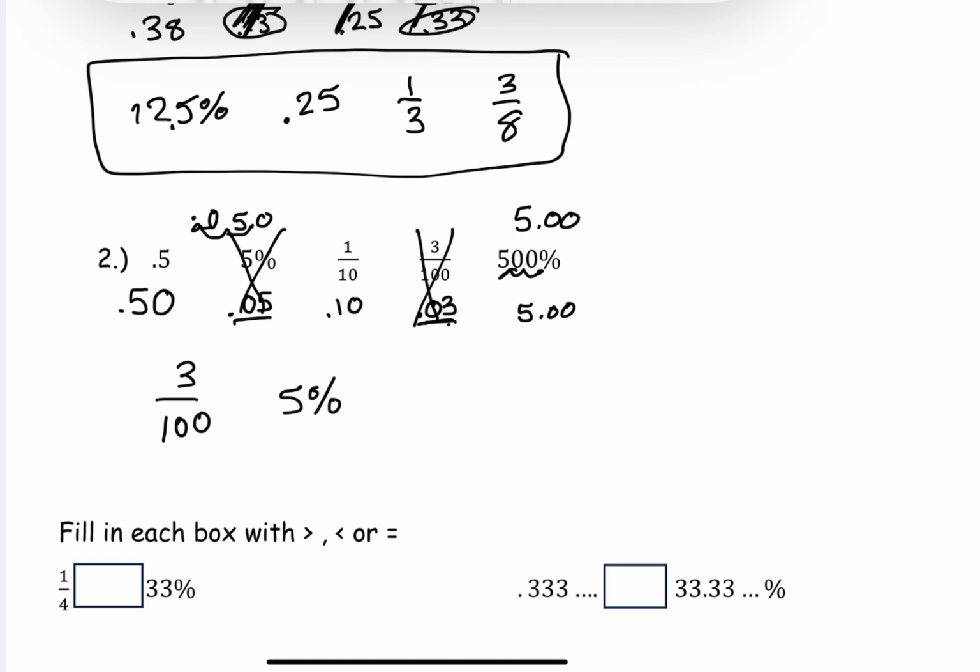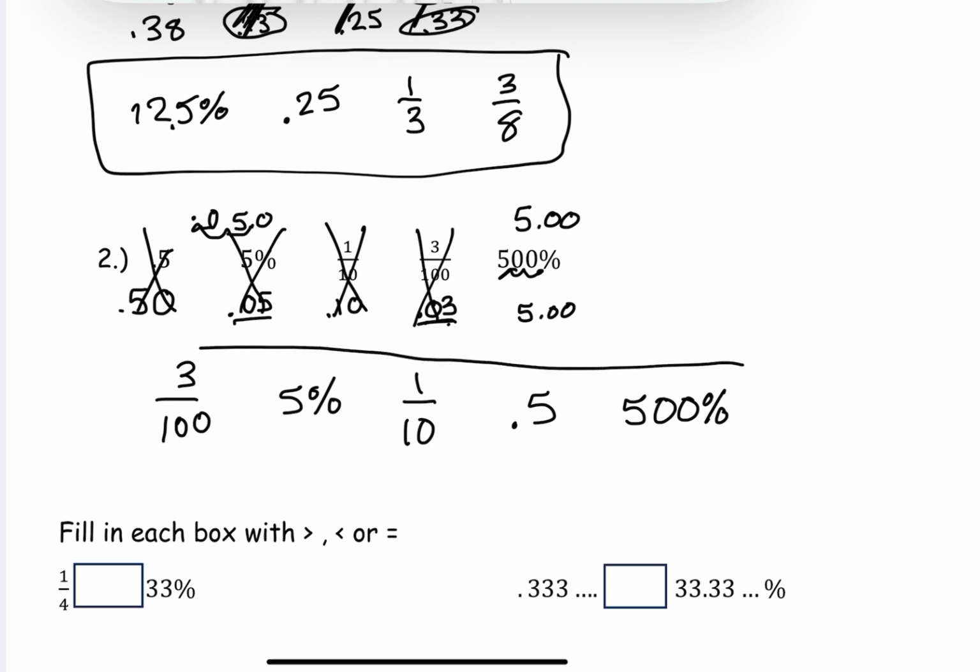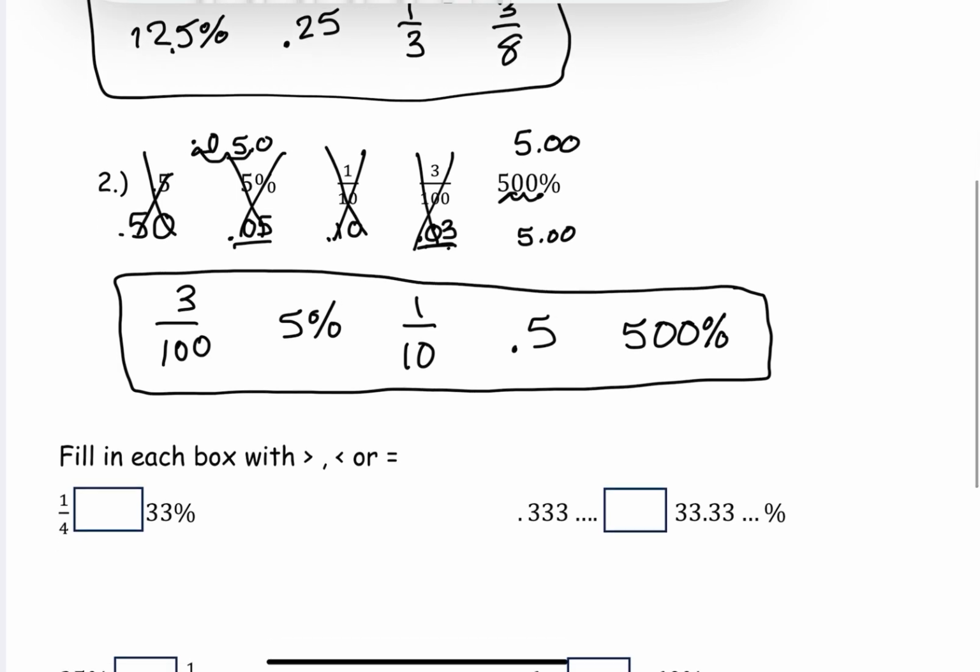And it looks like 10 cents is my next one, so that was 1/10. And then 50 cents, which was 0.5. And $5 is definitely the most. That's the same thing as 500%. So we got to turn them all into decimals so they look like money, and then we just put them from smallest to biggest.